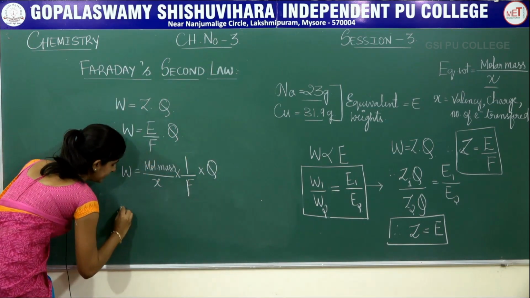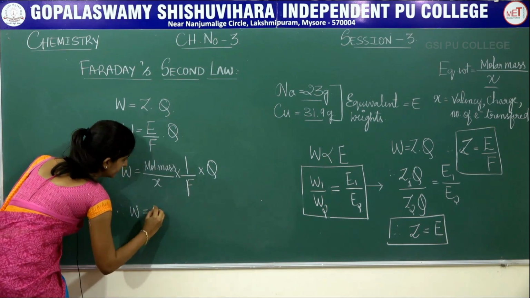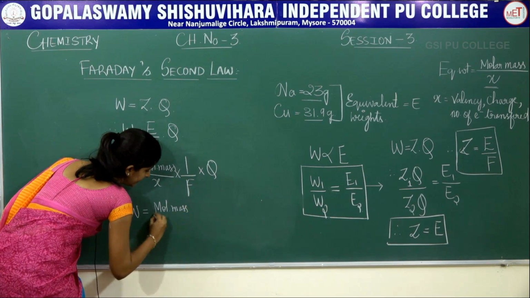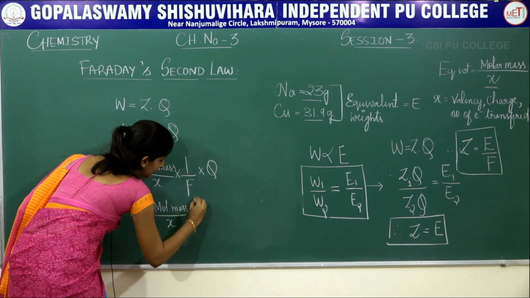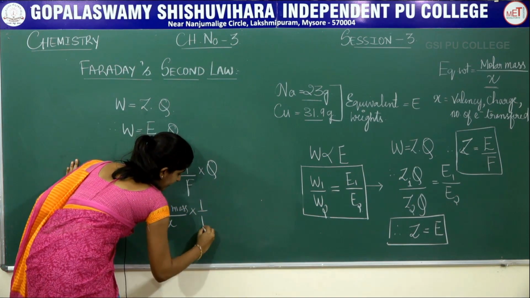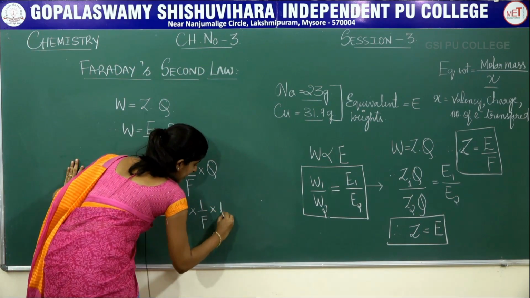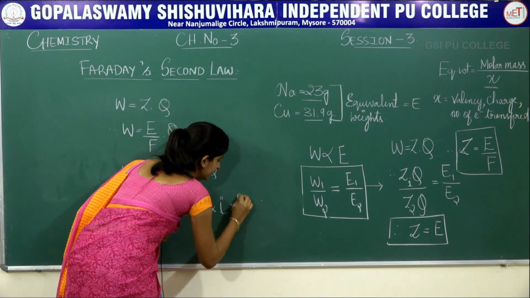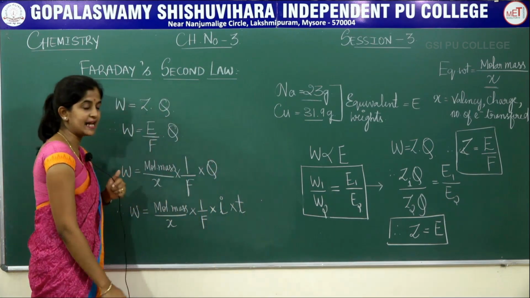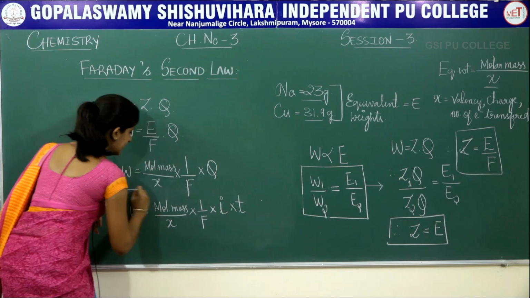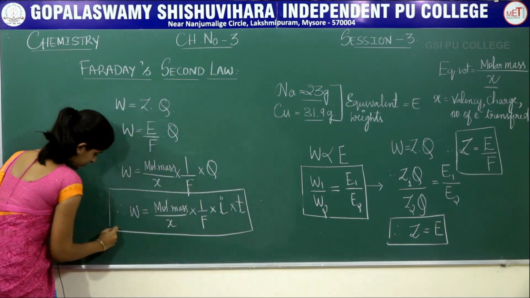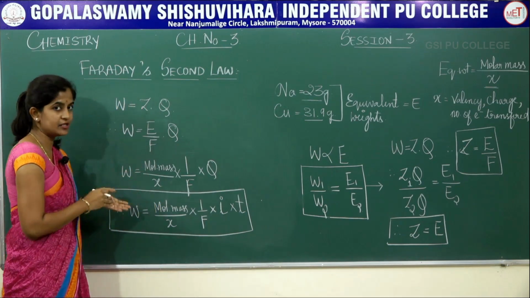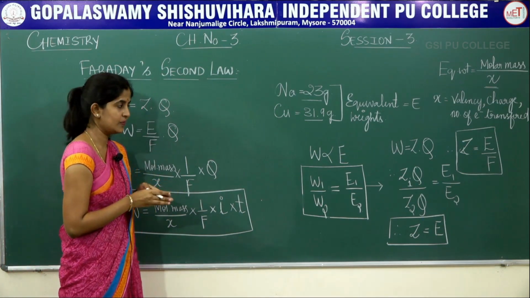So the final equation is W is equal to molar mass divided by X into 1 by F into I into T. What is I? I is current in amperes. What is T? T is time in seconds. So this is the overall equation.